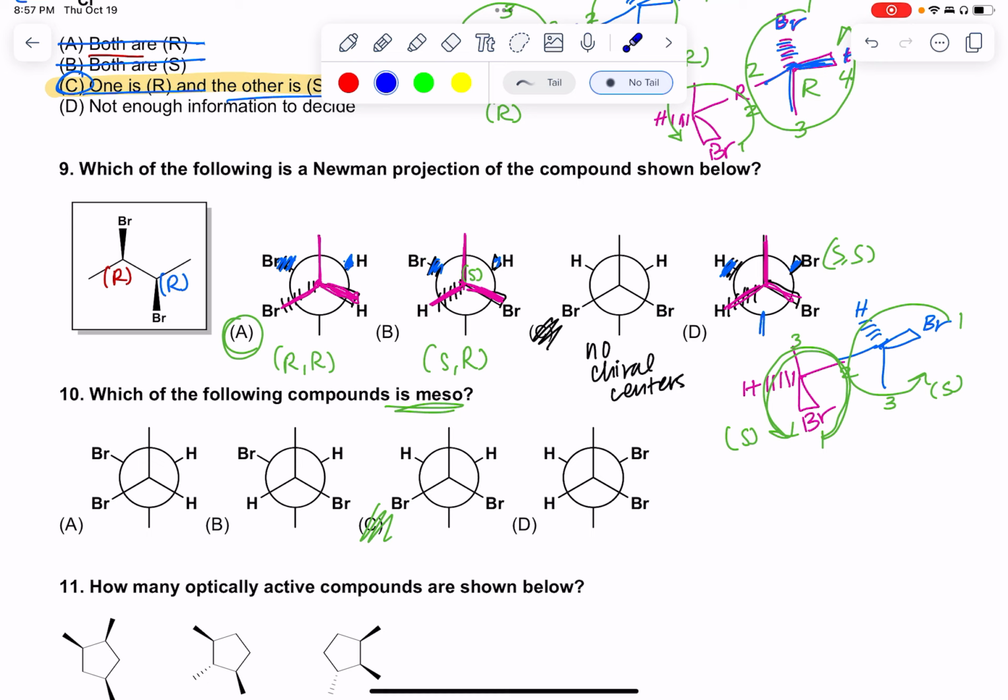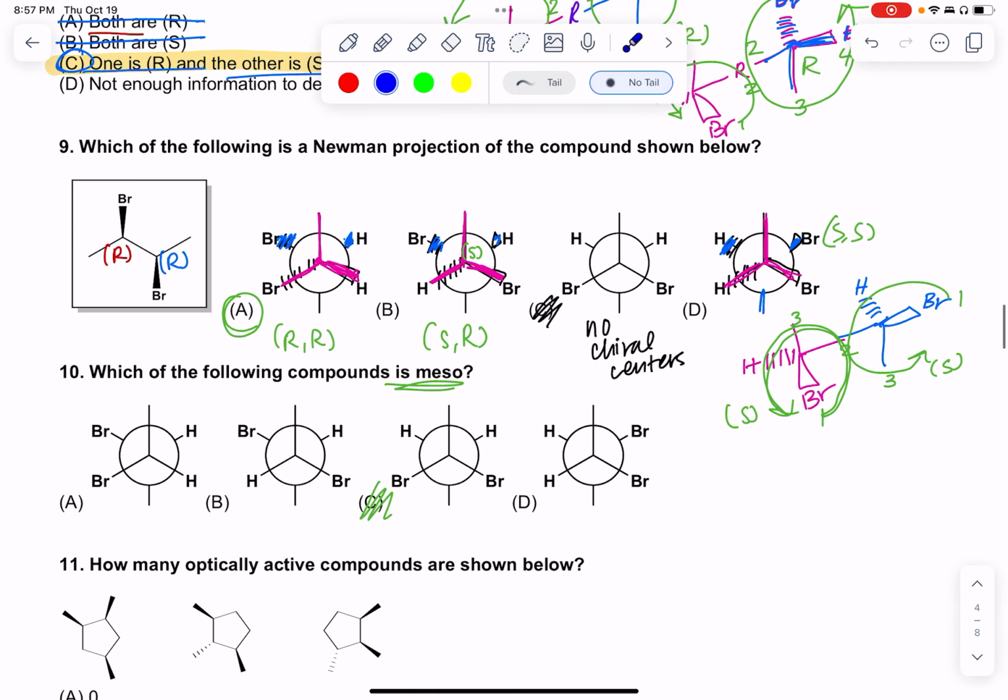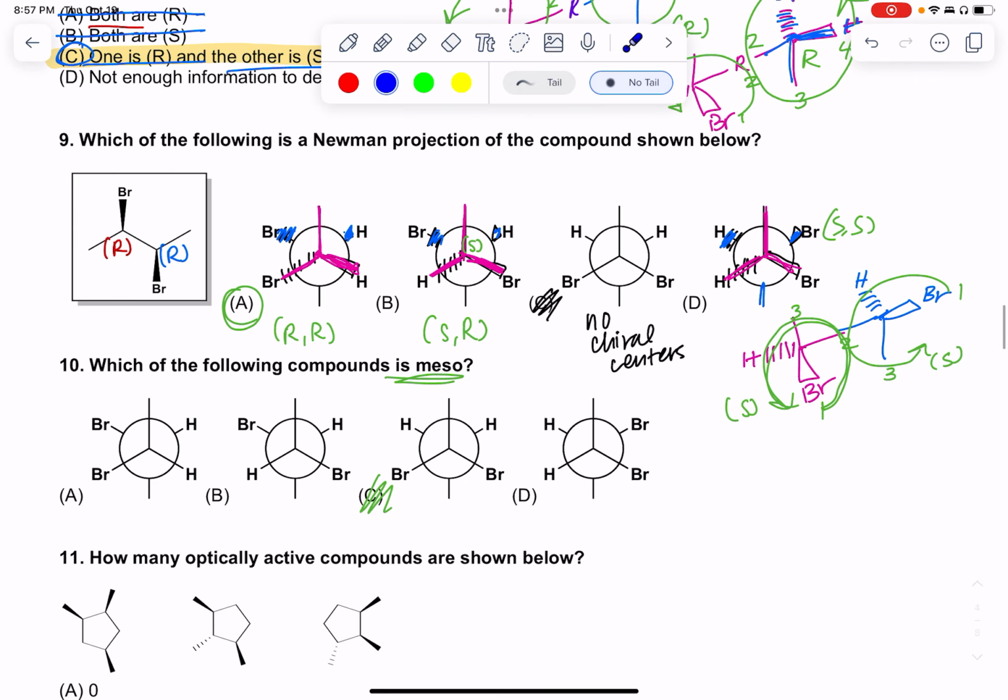And we can say they have two different chiral centers, then this is meso, because those two absolute configurations cancel each other out. And we just did all that work up here to figure out their chiral centers' configurations. And so this one is the meso compound right here. This is B. That one was A.